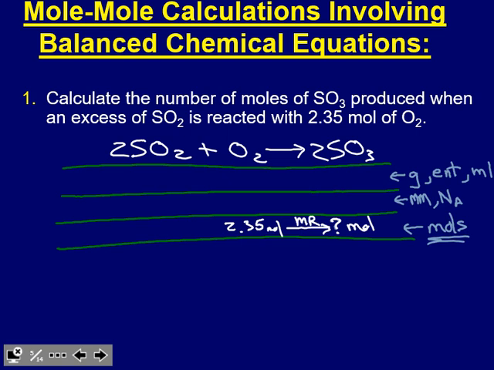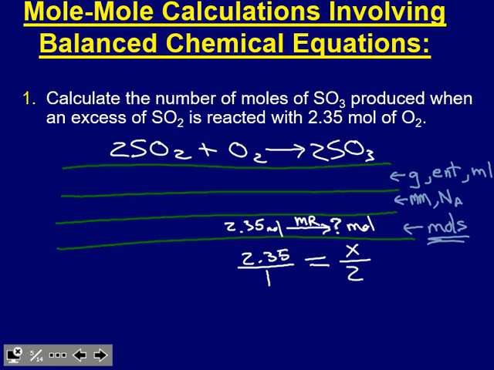Now, I'm going to write the ratio instead of as the dot notation as a couple of fractions, and let me show you where it comes from. So what I will write in this case is 2.35 moles is represented by the coefficient of 1, where x moles, the question mark, is represented by the coefficient of 2.